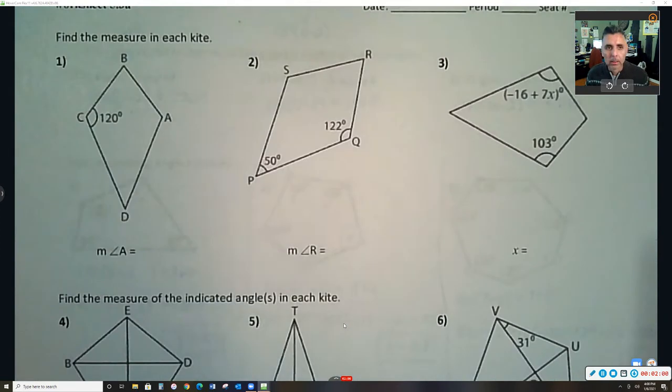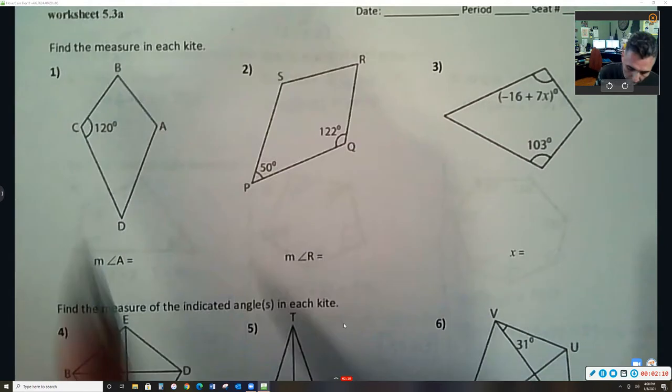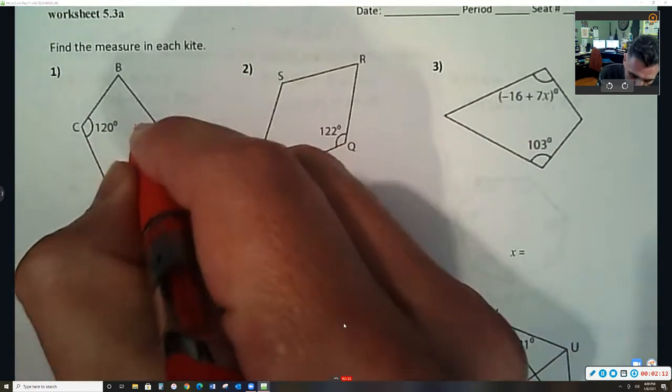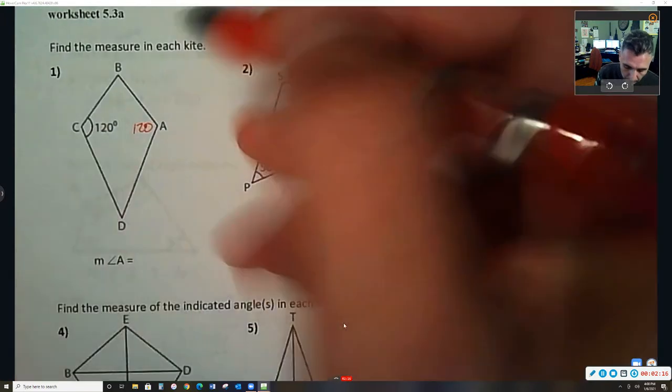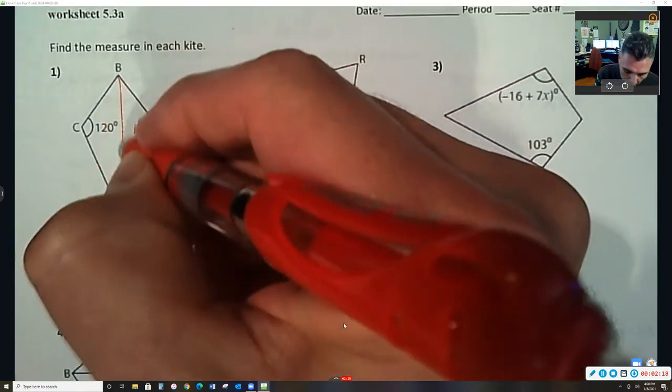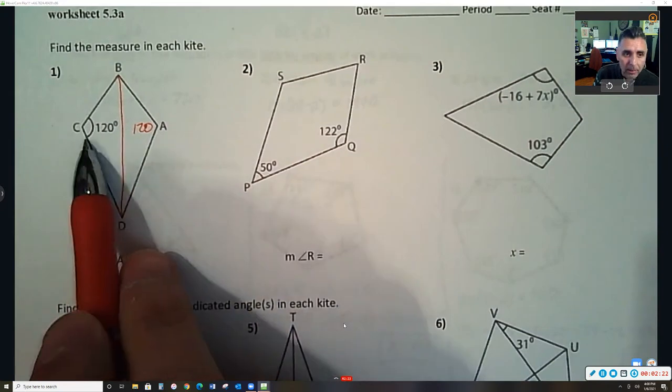So if we look at number one, just find the angle measure in each kite. Okay, so again, I just showed you the kite where these two angles are equal, and it's pretty much because this triangle here is the same as this triangle over here.